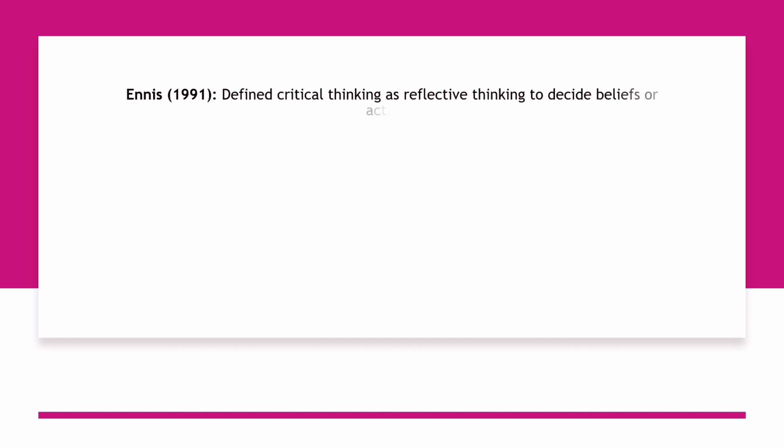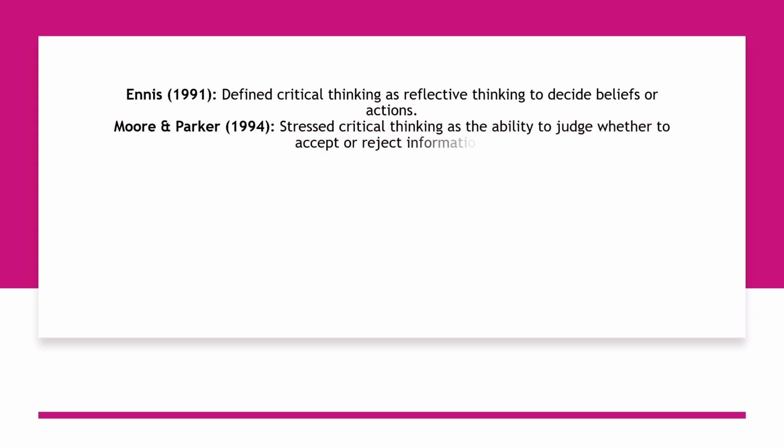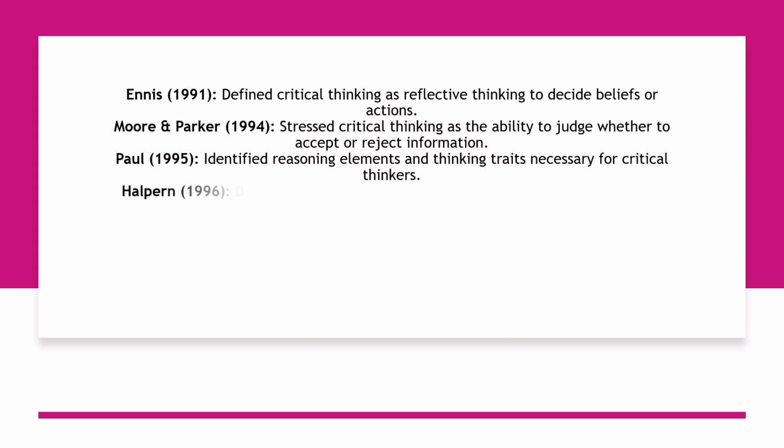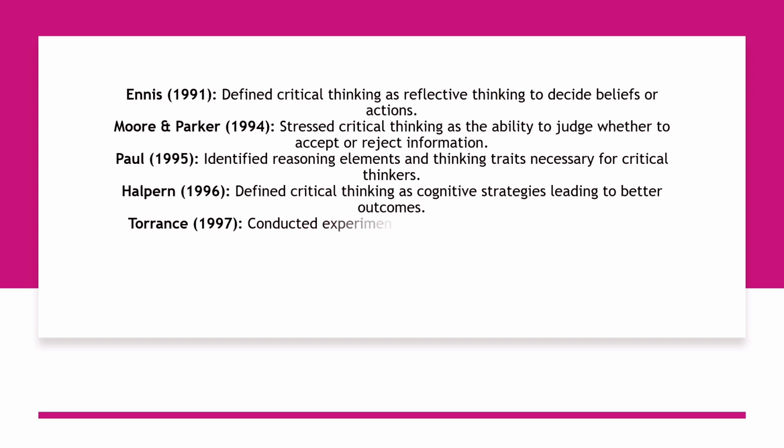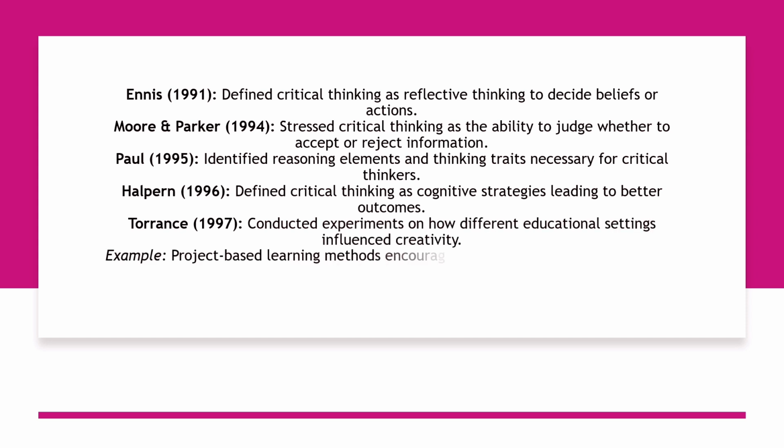Ennis, in 1991, defined critical thinking as reflective thinking to decide beliefs or actions. Morey and Parker in 1994 stressed critical thinking as the ability to judge whether to accept or reject information. Paul in 1995 identified reasoning elements and thinking traits necessary for critical thinkers.